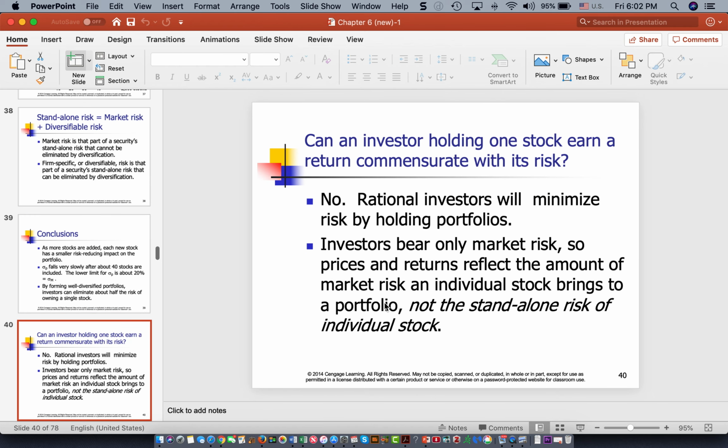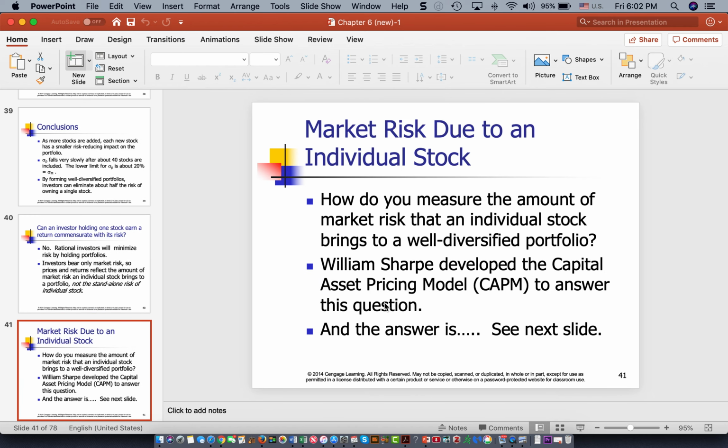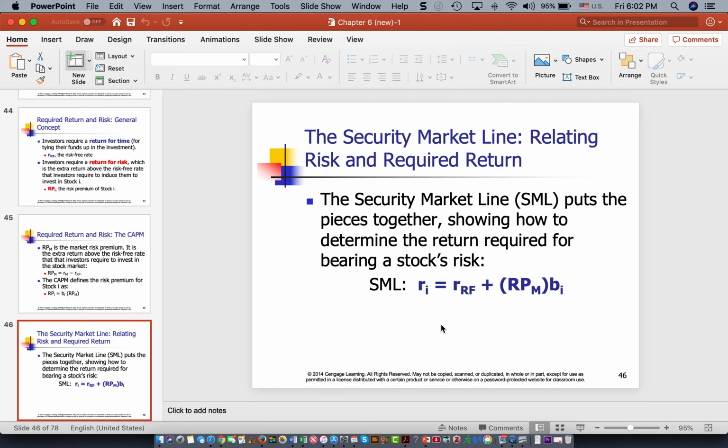To do that, let's look at the capital asset pricing model. First of all, there is a risk premium for the market and a risk premium for the individual stock. You take the risk premium for the market, the risk-free rate, and the beta, and we get R sub i, the capital asset pricing model return.